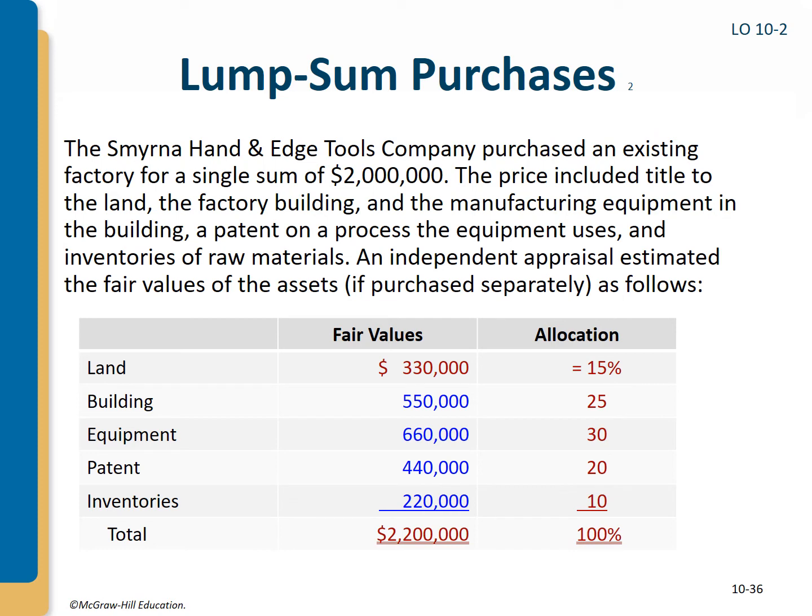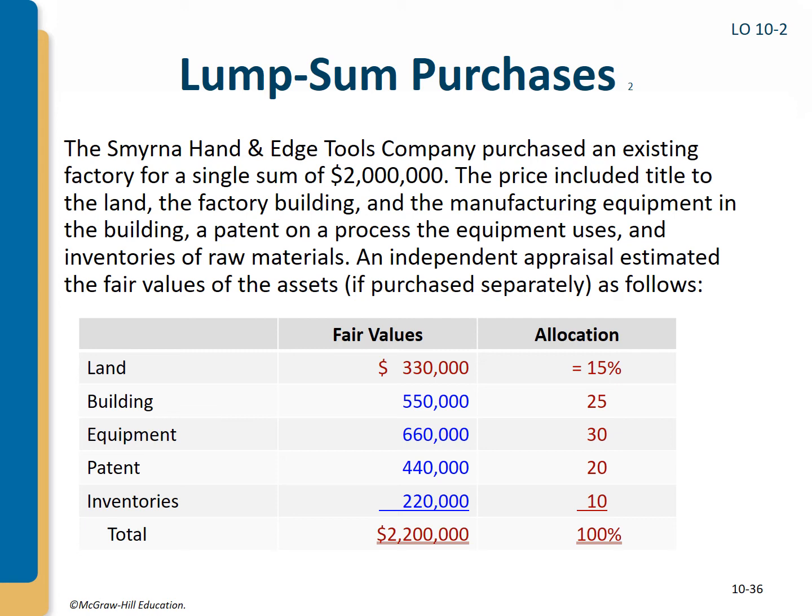Take a look. Smyrna Hand and Edge Tools Company purchased an existing factory for $2 million. The purchase price included title to the land, the factory building, the manufacturing equipment in the building, patent on a process the equipment uses, and inventories. An independent appraisal estimated the fair values of the assets if purchased separately.